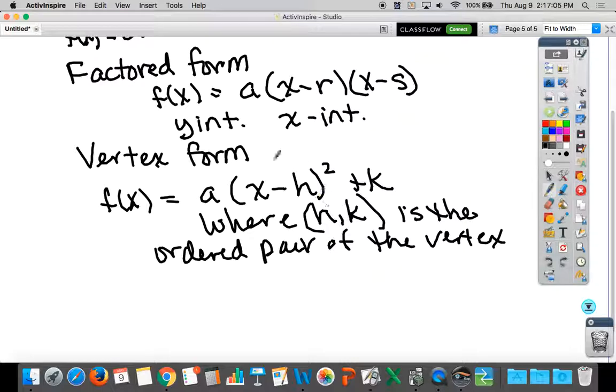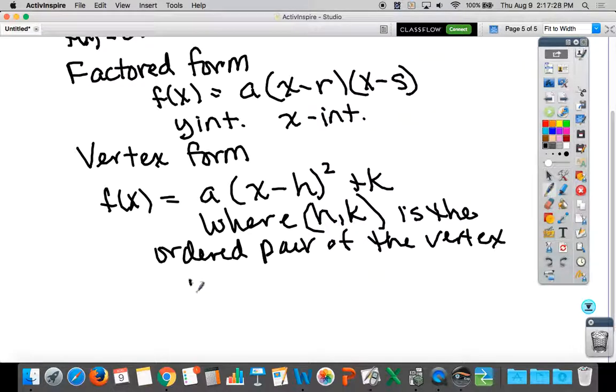Okay, so one thing that we're going to talk about is that h and k, they don't put x and y, because obviously you have x's and y's in here, so they don't want to confuse you. So they call this h and k. Now look, this is the pair that is the vertex.